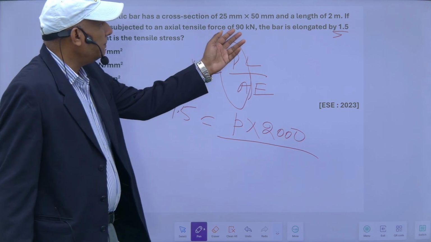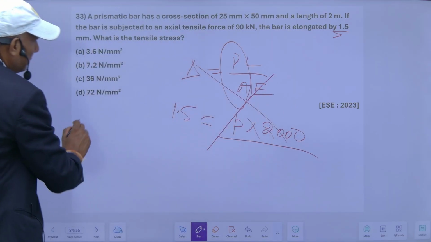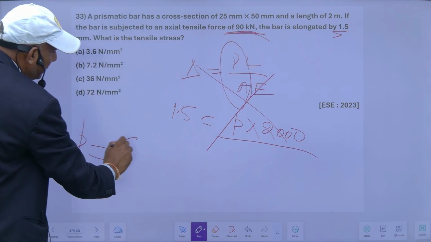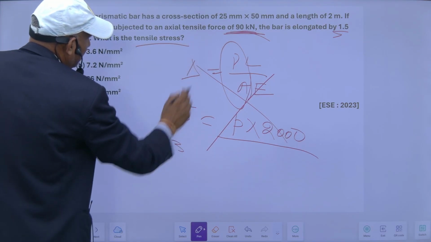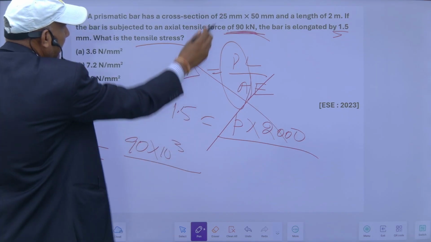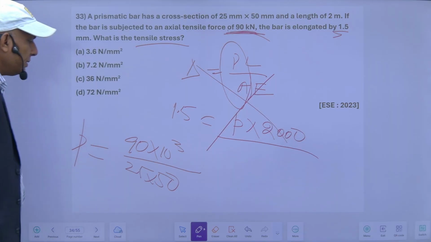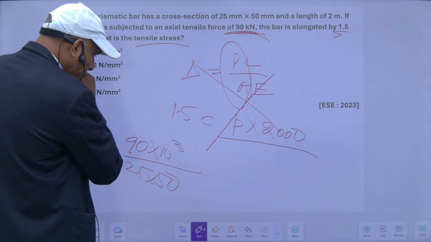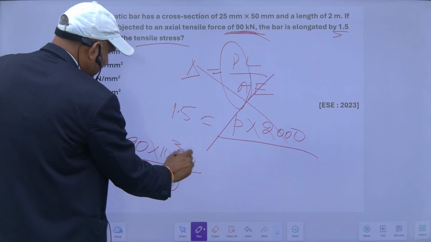Simply this is very simple. You do not have to go on this one. So the tensile force he has given, this is 90 kilonewton, and simply he wants to know the stress. So load, this is the load upon area, area will be this one. So he is confusing. So it means this is this one.